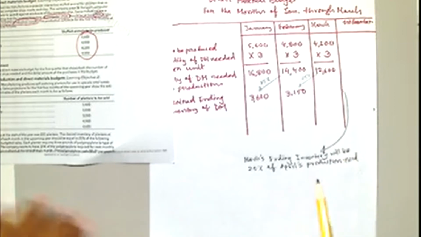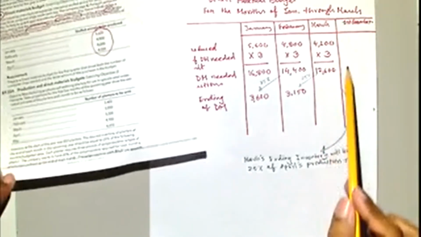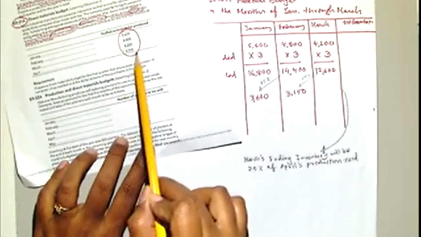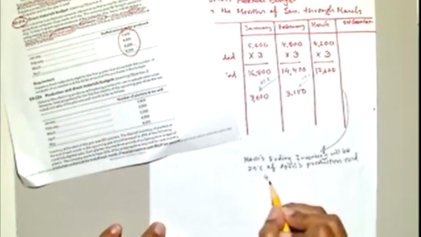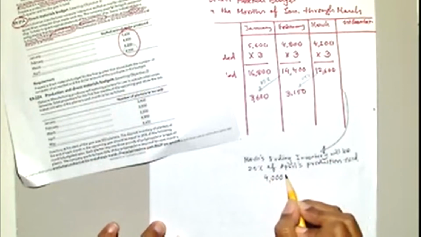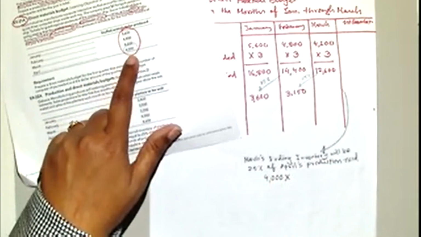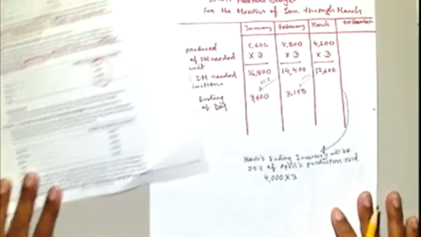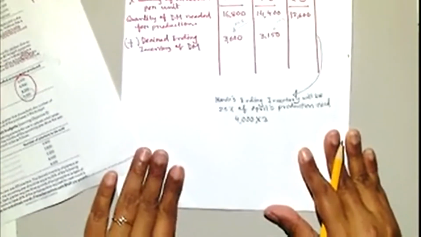So now we actually don't know the April column, but you know how many stuffed animals they're going to produce in April. They're going to produce 4,000 stuffed animals. For each stuffed animal, they need 3 chips. Sorry, it's a little bit at the bottom here.